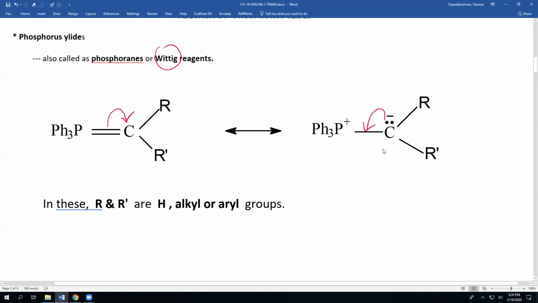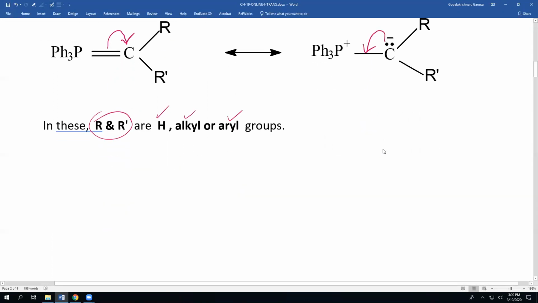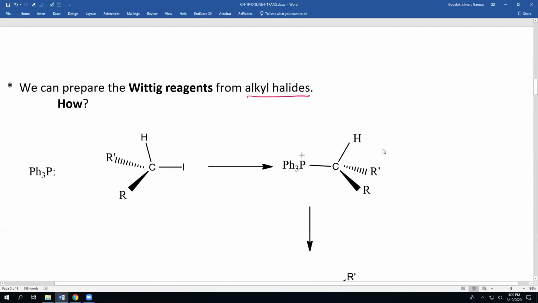In these, the R groups are hydrogens or alkyl groups or aryl groups or a combination of any two. How to make them? We have to make them from alkyl halides.